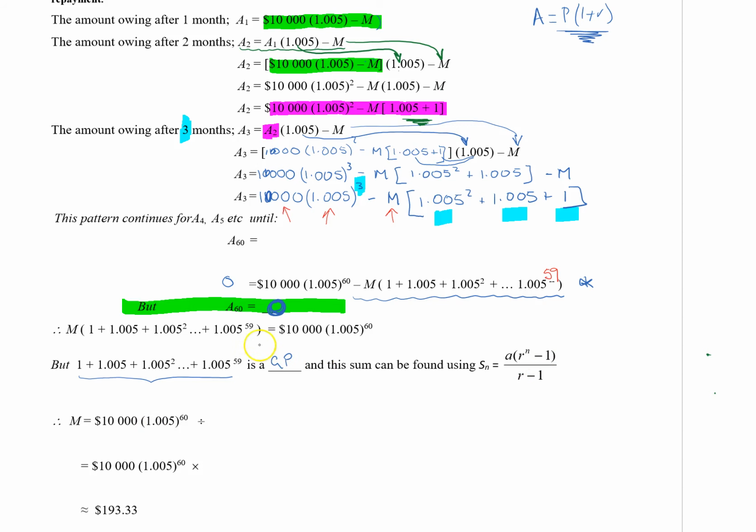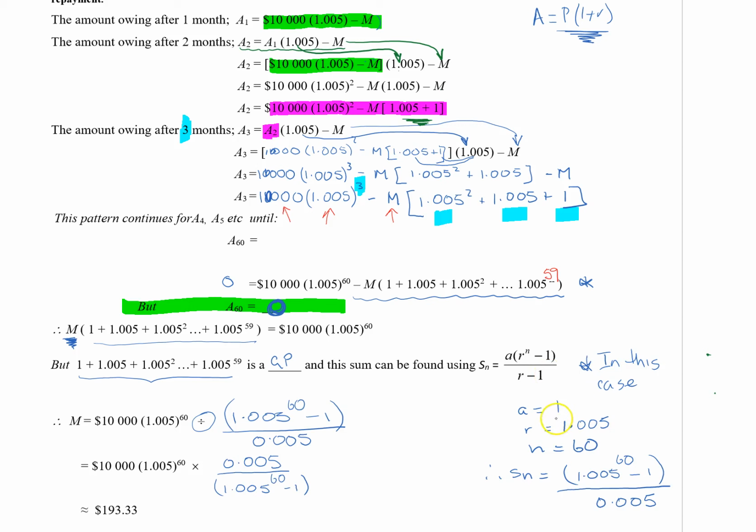So, to make m the subject back here, you will need to divide, as I have there, divide by the sum of this GP. Now, I'll just pause the video and write up what the sum of this actual GP looks like. So, looking at the GP, A is equal to 1, r is equal to 1.005. There are 60 terms.